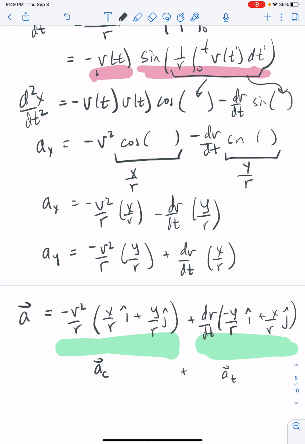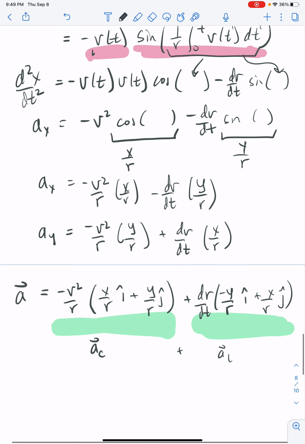If you look, you'll find that this first term points inward toward the center of the circle, and that this second term points tangentially to the circle in the direction of motion, and the sign will be given by this dv dt. So that's where this expression for our tangential and centripetal acceleration comes from.